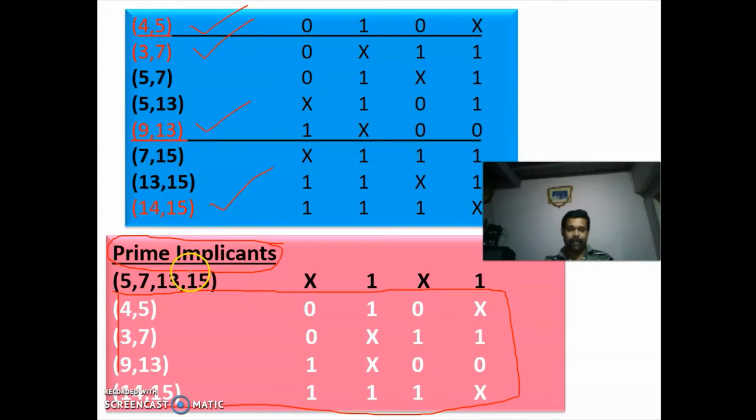After getting this prime implicant, we have to check whether the prime implicants you got in the third step are present in this prime implicant. If it is not there, you have to also consider it. Now this 4 5, 3 7, 9 13 and 14 15 we have to add to this prime implicant, along with this 5 7 13 15. Okay. If you want, I will animate and show clearly.